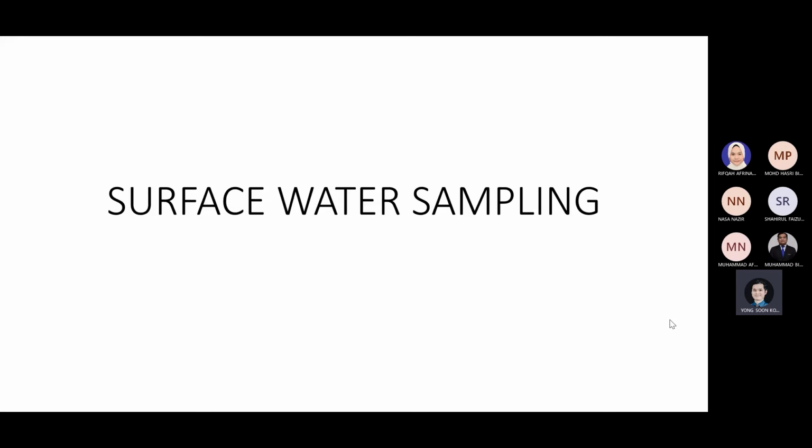I mean, of course, the location and also the nature of how we should collect these samples depends very much on what exactly we want to know from the sample. So before I go into the details, let me remind you that sampling of water is very much dependent on what kind of pollutants are inside the water sample.